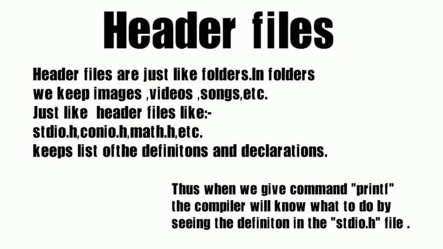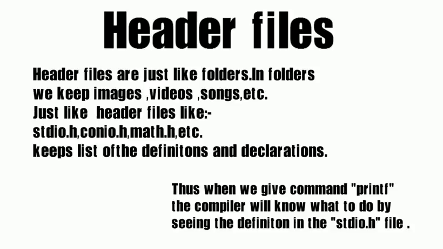As our books are placed in our college library, likewise the header files are placed in the C library, and each of the header files like stdio.h, conio.h, math.h, etc. keeps the definitions and declarations of a particular subject.